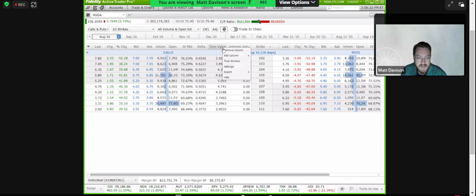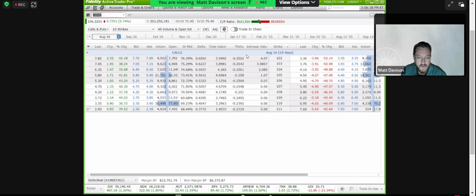And what you'll notice as we move to our next Greek, which is theta, is that time value is decaying out at a rate. And right now, on most of these options that I've highlighted, it's around 25 cents a day. However, if we were to use one for the end of the year, we'll notice a couple things here.